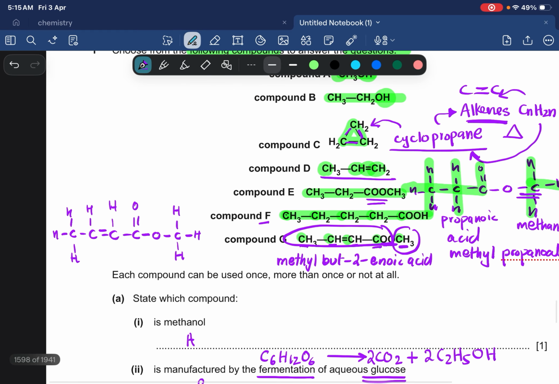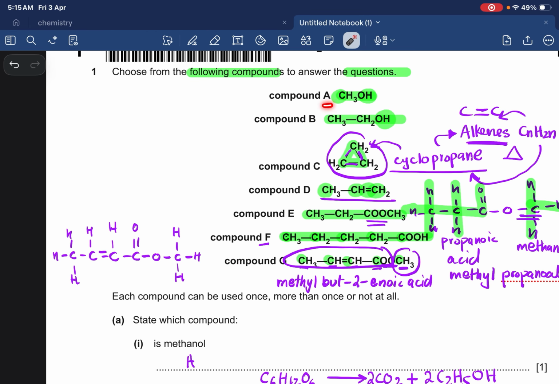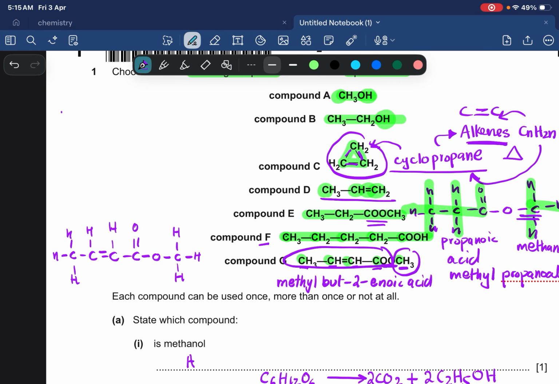If you think that your alcohol is a hydrocarbon, you are wrong, because alcohol contains oxygen. It's not a hydrocarbon. So write a note over here that alcohols, carboxylic acids, and esters are not hydrocarbons.